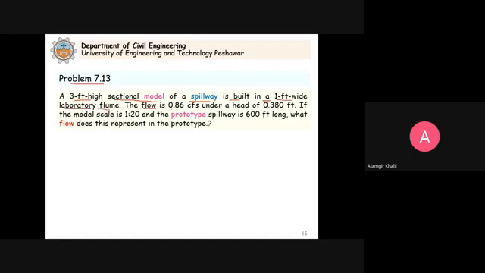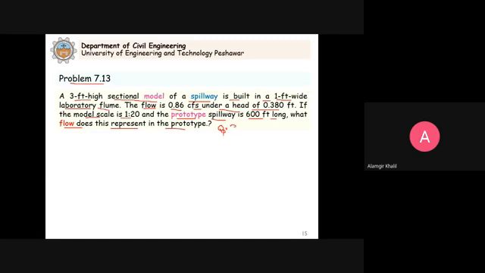The flow is 0.86 CFS under a head of 0.380 feet. If the model scale is this and the prototype spillway is 600 feet long, what flow does this represent in the prototype? So it means that we have to calculate the flow in the prototype, QP.